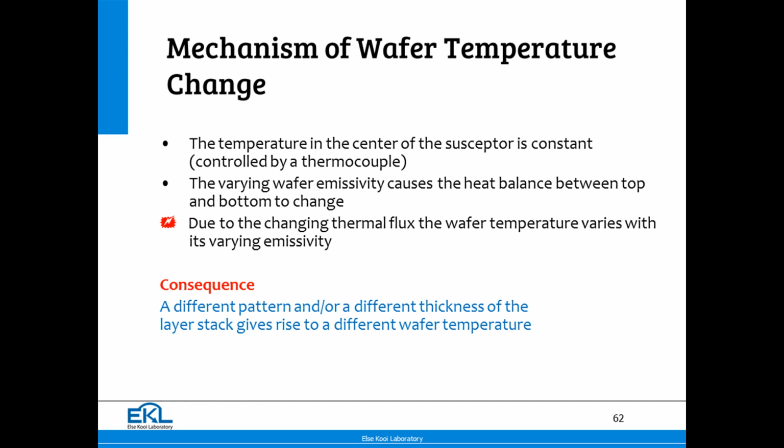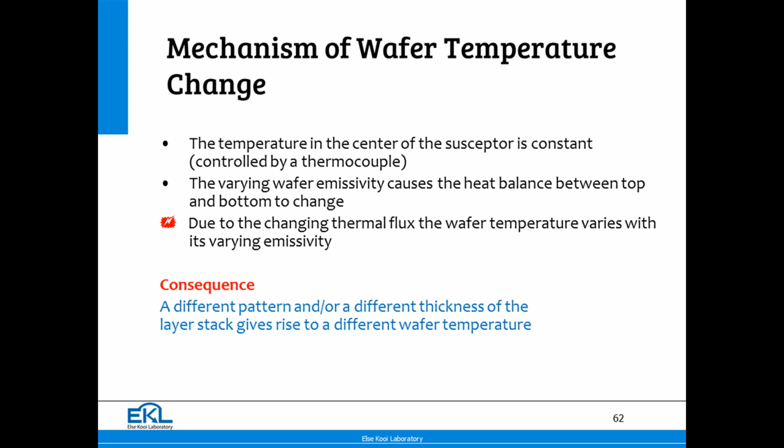Now, what is causing the temperature change then? It is the changing thermal flux. When the emissivity changes, more or less heat is absorbed from the top heater, and the bottom heater has to compensate. So you're shifting your heat flux. Less heat coming from the top means more from the bottom.